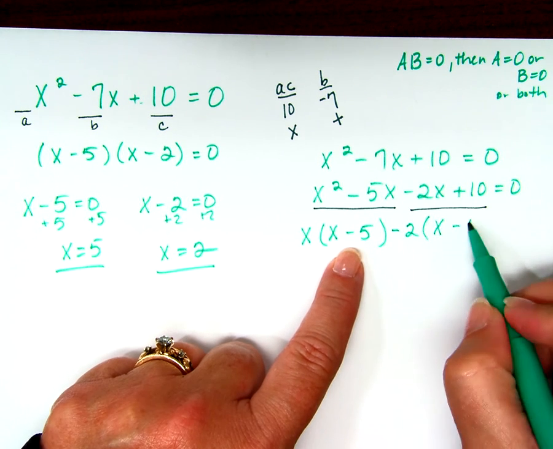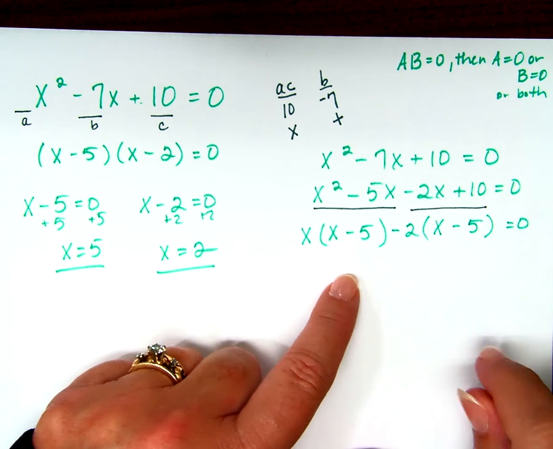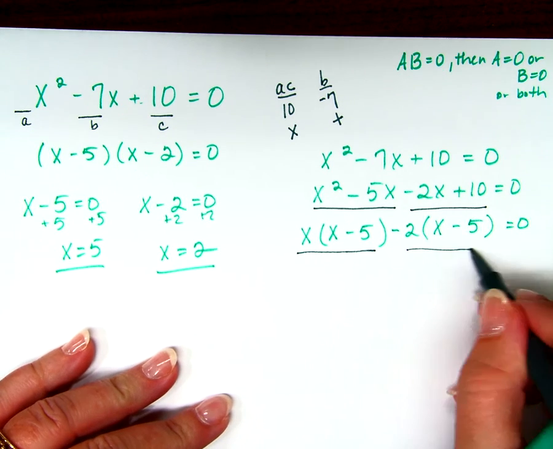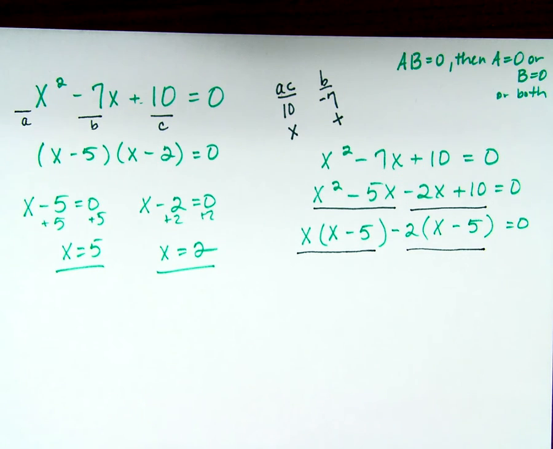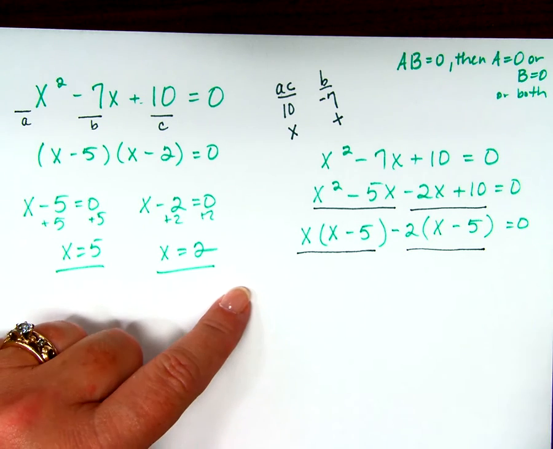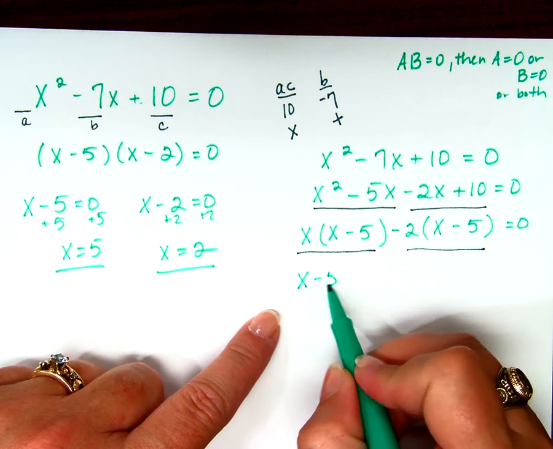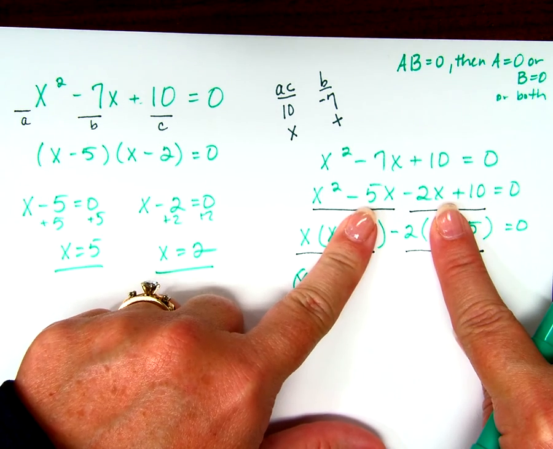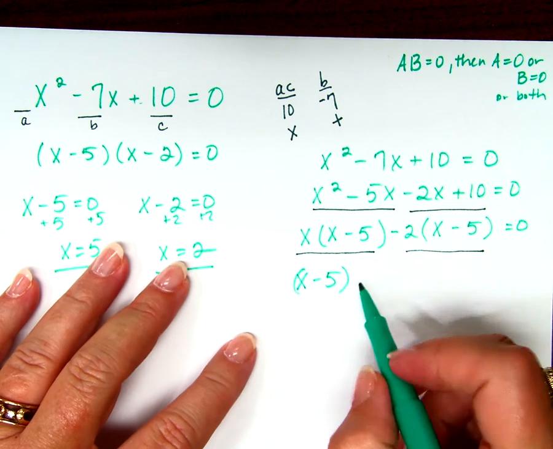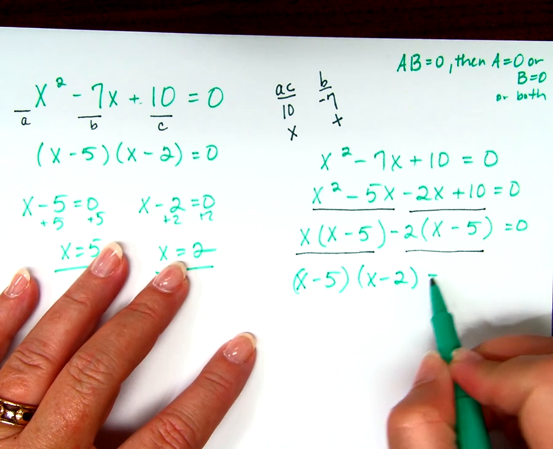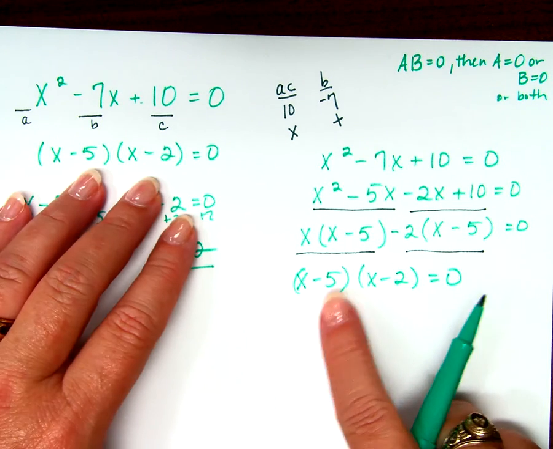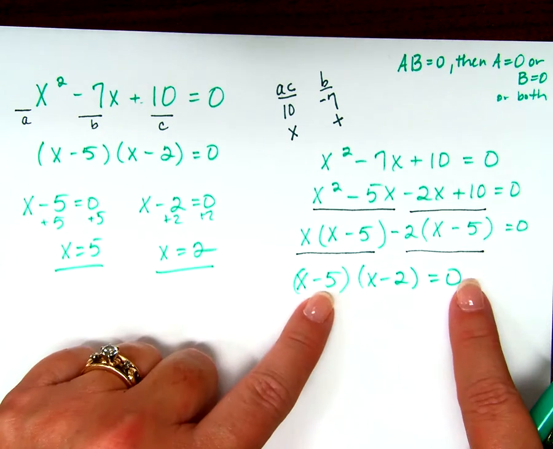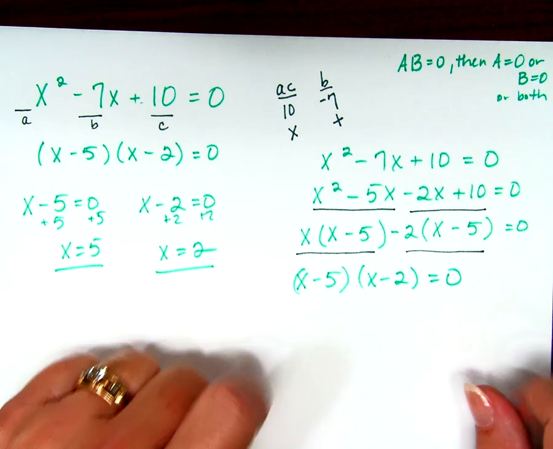And when I do that, I do get x minus 5. Now I have these two terms right here. What do those two terms have in common? They have an x minus 5. Once I factor out the x minus 5, what's left? X minus 2. So do you see how we got the same things in this particular problem? But do you remember how to do it if you have to split the middle term this way? Okay?